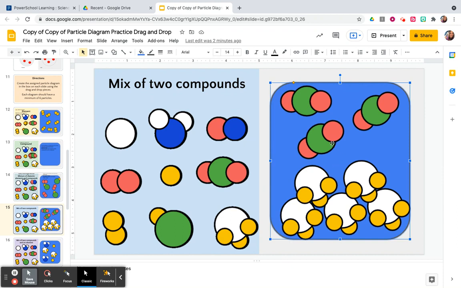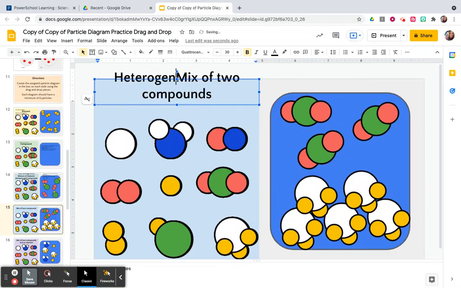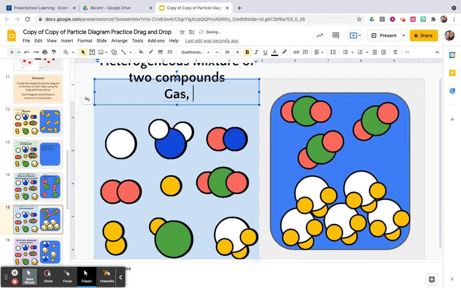Okay. This is now a heterogeneous mixture. So this is a heterogeneous mixture of two compounds. So this compound keeps its properties, this compound keeps its properties, and one of these is a gas and one is a liquid.